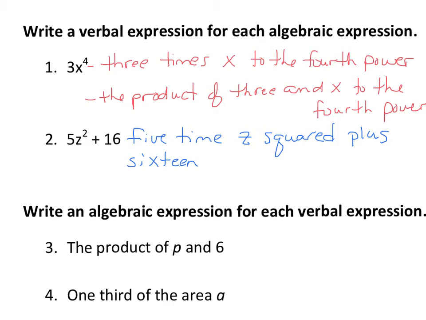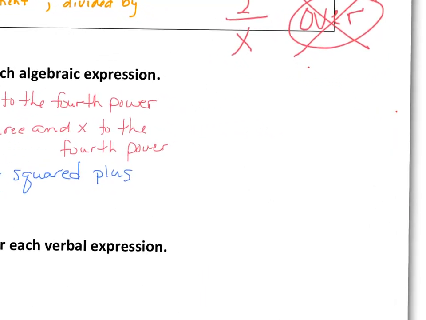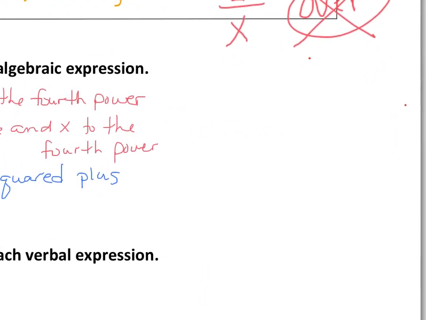So there would be an example of something that's good. All right, so now I was just talking about maybe a few other words that we need to know. So let me zoom out here. And I'm just going to write them out over here on the side. All right, and you need to do the same. If I have something like 2x, that is saying twice. The word twice means I'm going to take 2 times something. If I have x to the 2nd power, I'm going to say x squared.